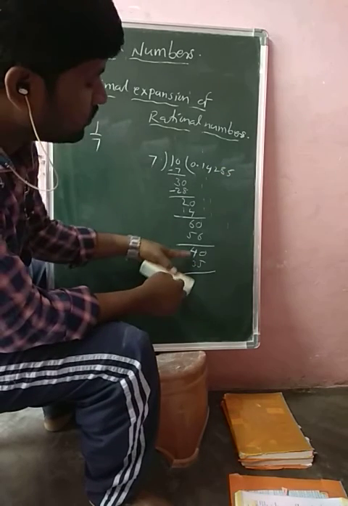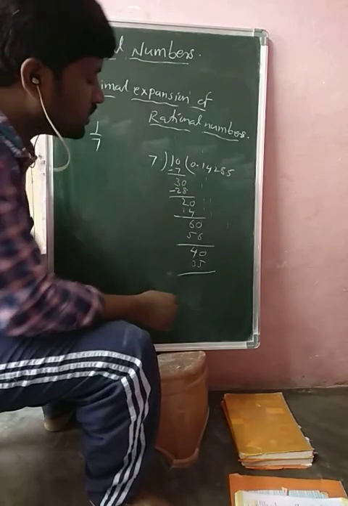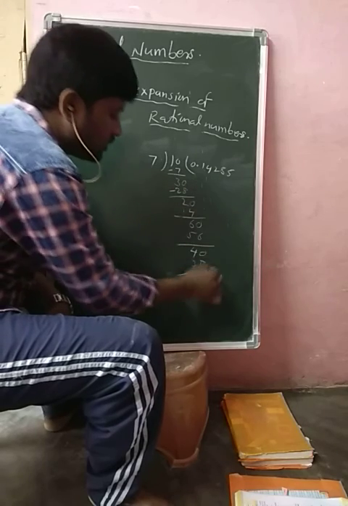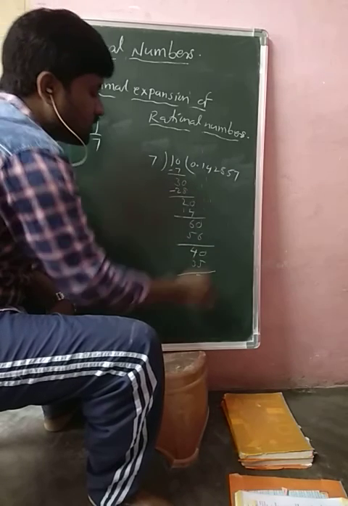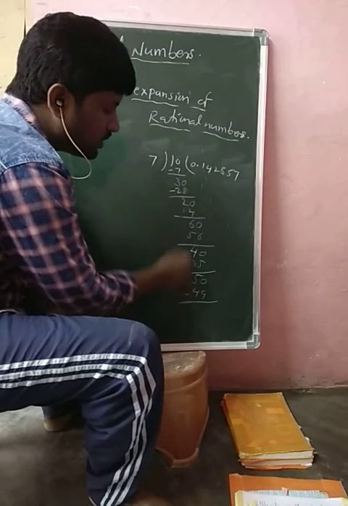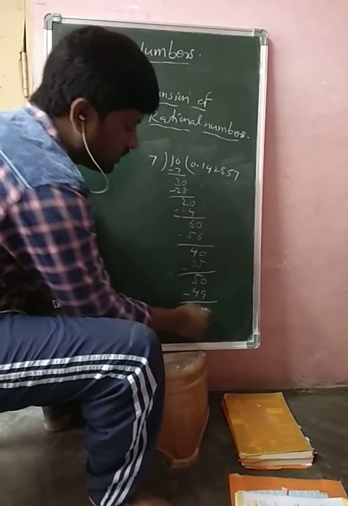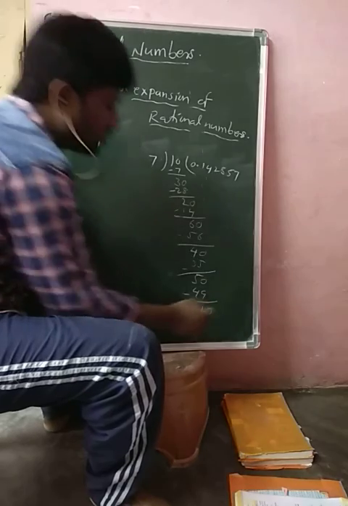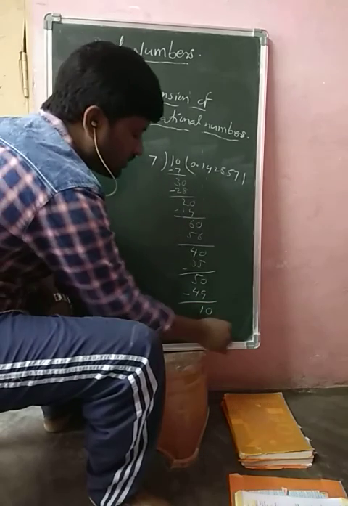Okay, so 40 minus 35 means what? That is 5. Already your point is there, take 0. 7 7s are 49. 50 minus 49 means that is 1. Here already point is there, again take 0. Again 7 1s are 7.